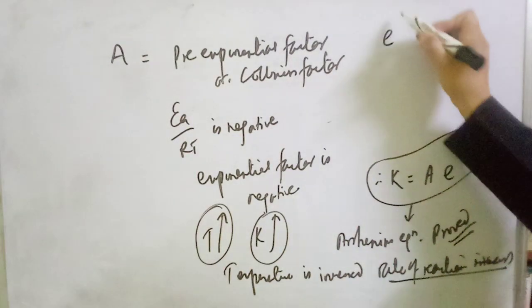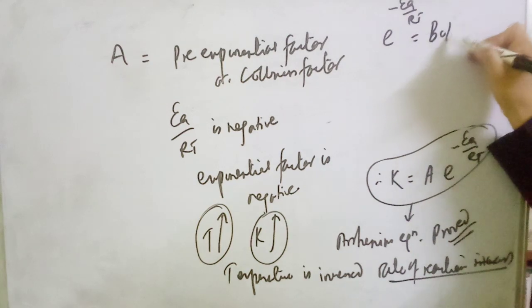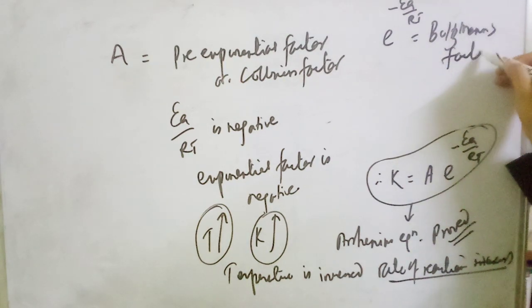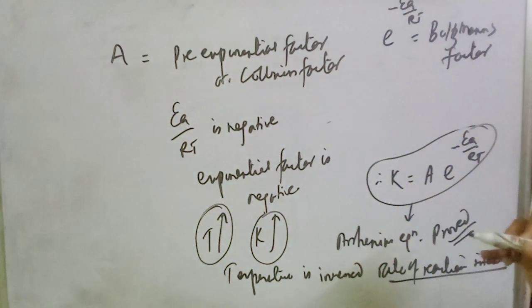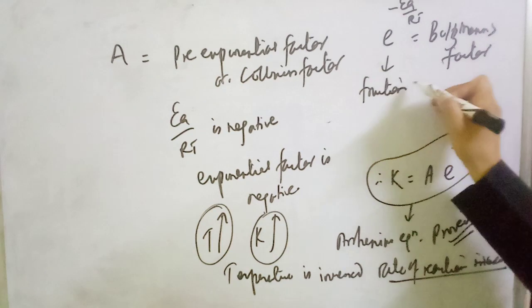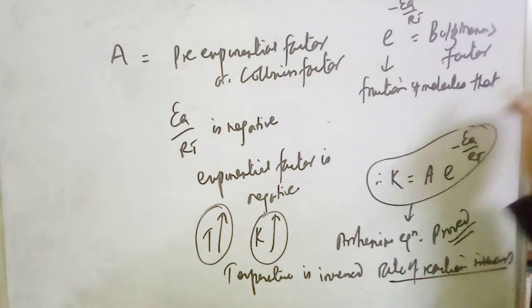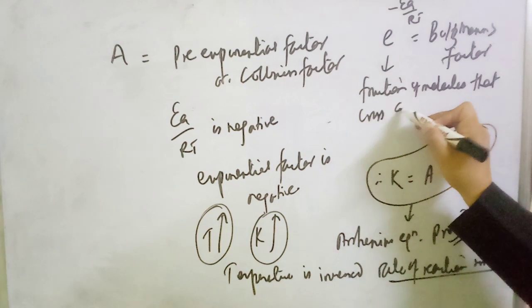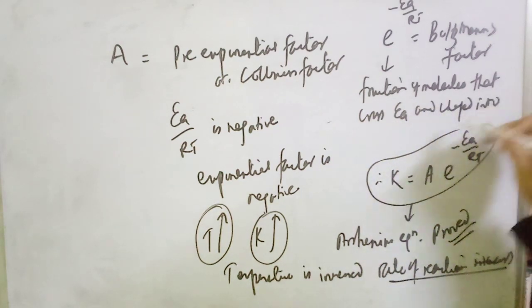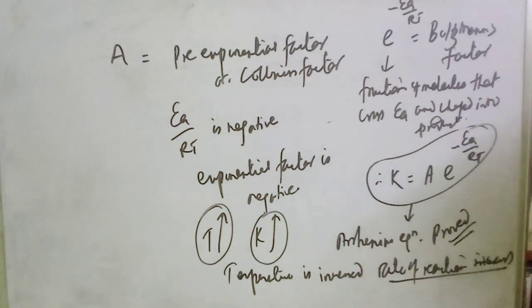Similarly, e power minus EA upon RT is also called the Boltzmann factor, and this Boltzmann factor is the fraction of molecules that cross EA and change into product. So this Arrhenius equation has much more significance.